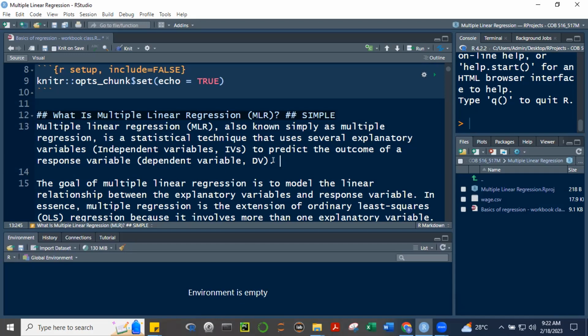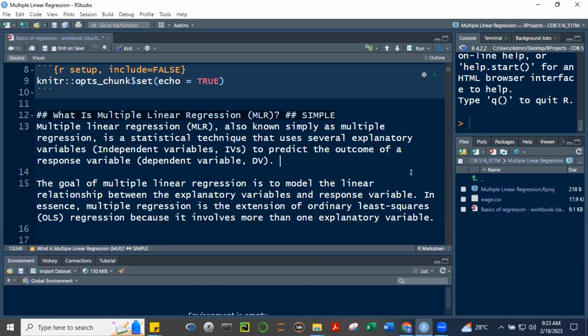And those variables that are used in order to explain our dependent variable are called your explanatory variables or independent variables or predictor variables, etc. The goal of a multiple linear regression model is to find if there's a relationship between your explanatory variables and your response variable.